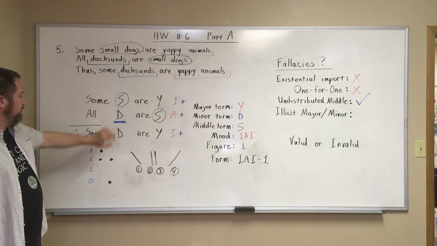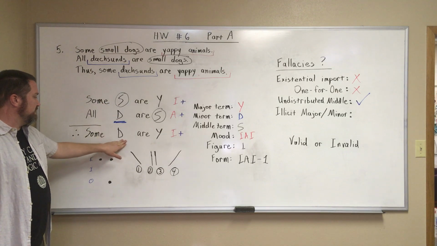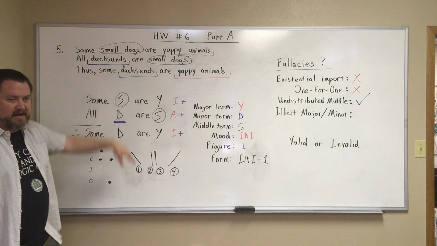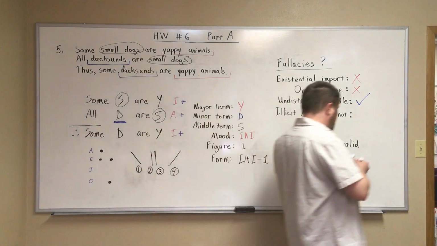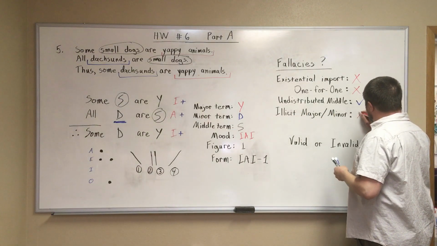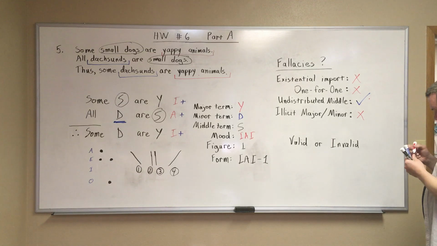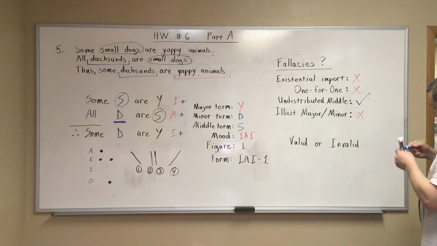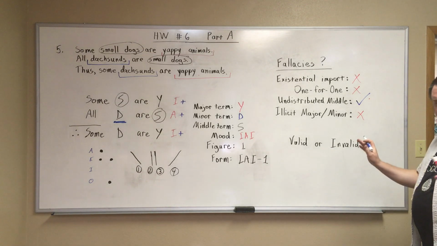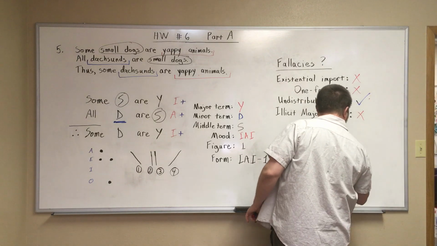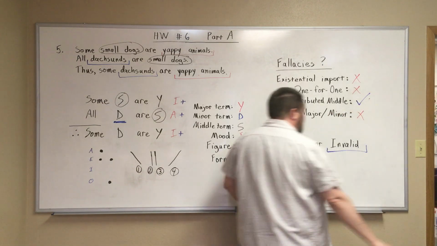Doesn't matter that it's distributed here. So there's no violation there. But since we do have one violation, and it commits at least one fallacy, that's all we need. This is invalid.